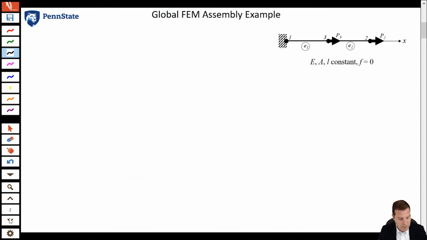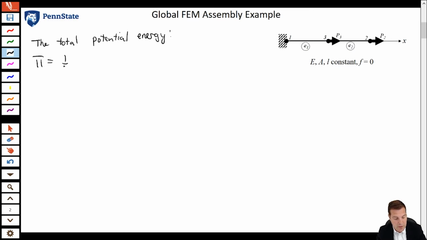A couple other notes. If you remember, the total potential energy is pi is equal to 1/2 capital Q transpose, those are our global displacements, capital K sub G, that's our global stiffness, Q, minus Q transpose, and then our global force vector.